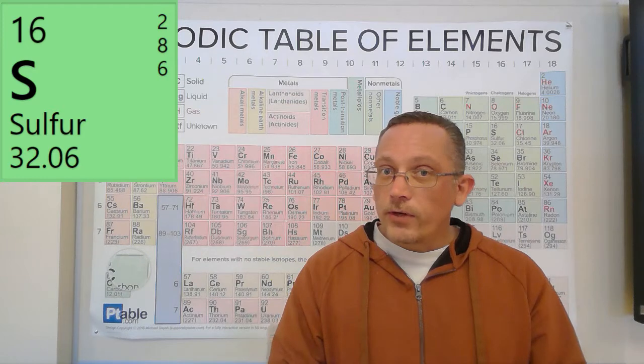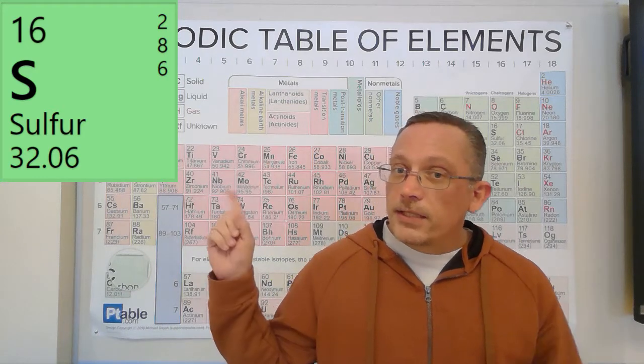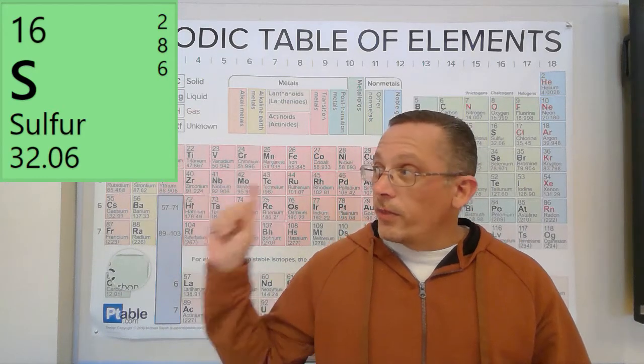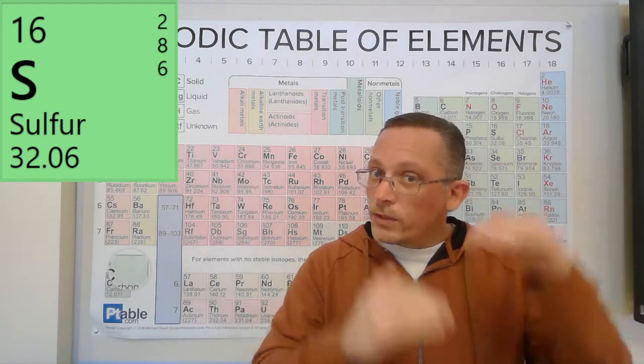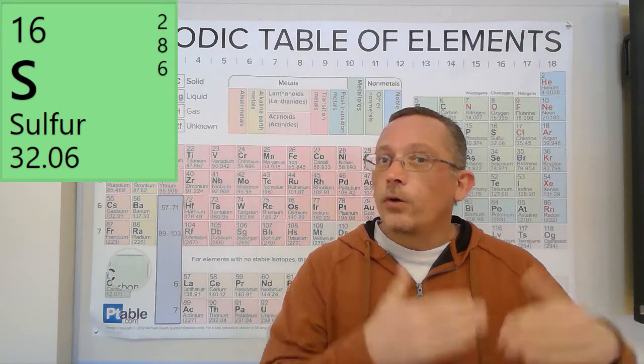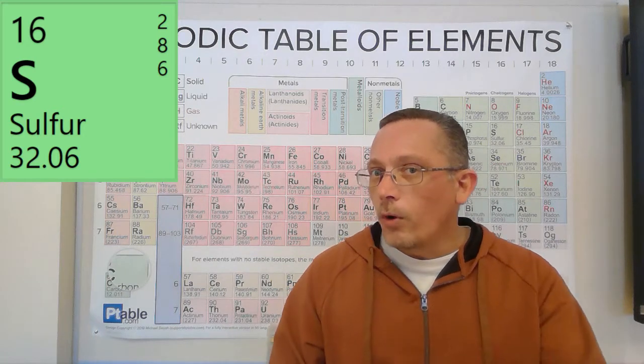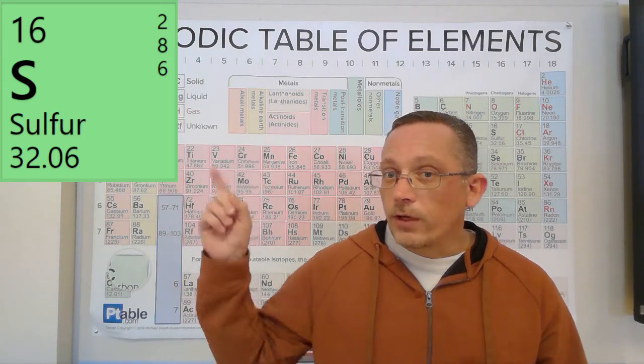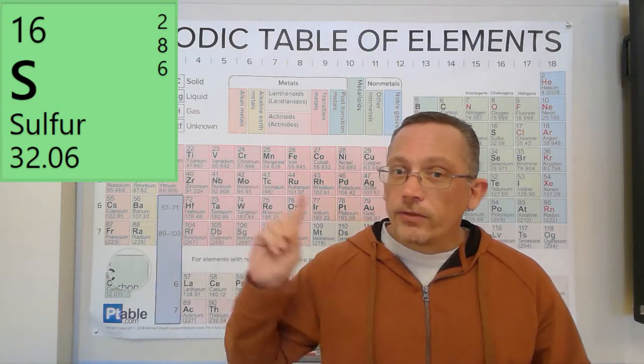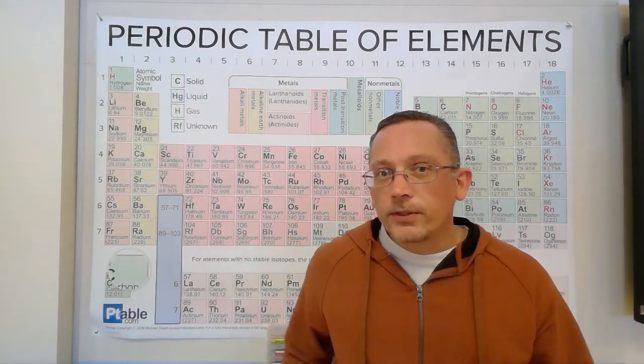So I can set up some fractions with these. I can take this number and put this many grams in one spot in the fraction, and then 1 mole in the other spot, because 1 mole weighs that many grams. For sulfur, it's about 32. Each different element is a different amount.